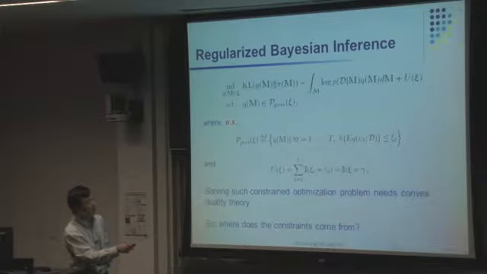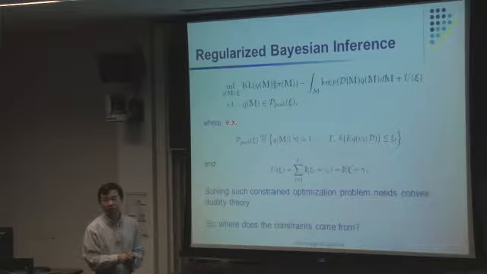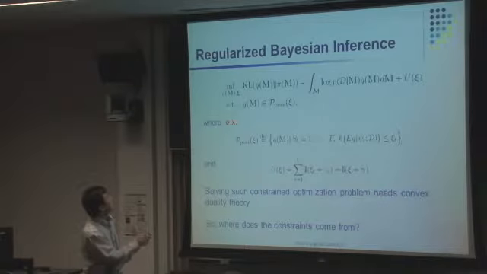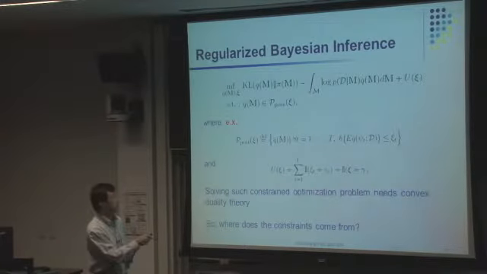Here I made them explicit. But I'm going to allow an additional term to be included. In particular, for example, Q of M, which is the posterior of the model, is limited to be in some space of distributions.